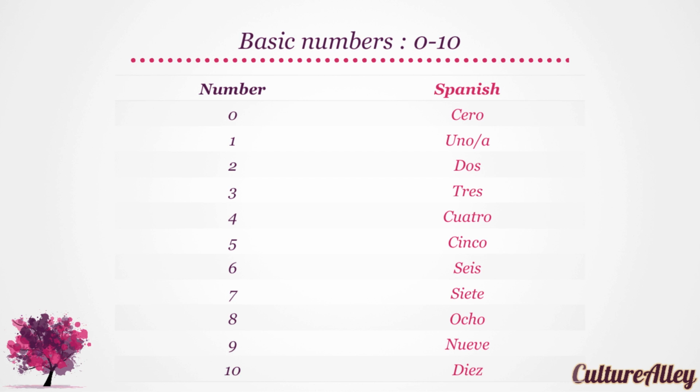We'll start with numbers 0 to 10. 0 translates to cero. 1 becomes uno or una. 2 is dos. 3 is translated as tres. 4 will be cuatro. 5 becomes cinco. 6 translates to seis. 7 becomes siete. 8 translates to ocho. 9 is nueve. 10 becomes diez. Great job!